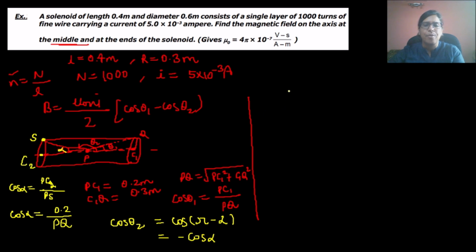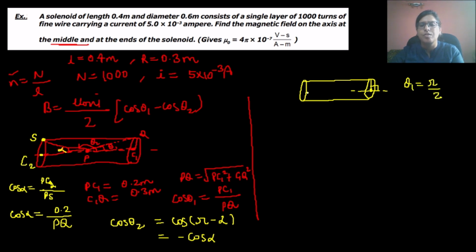Now for end point, suppose this is the solenoid and we have to calculate here. So for here, this angle will be theta 1 and this angle will be pi by 2. Now we have to calculate this angle, and this angle is theta 2.